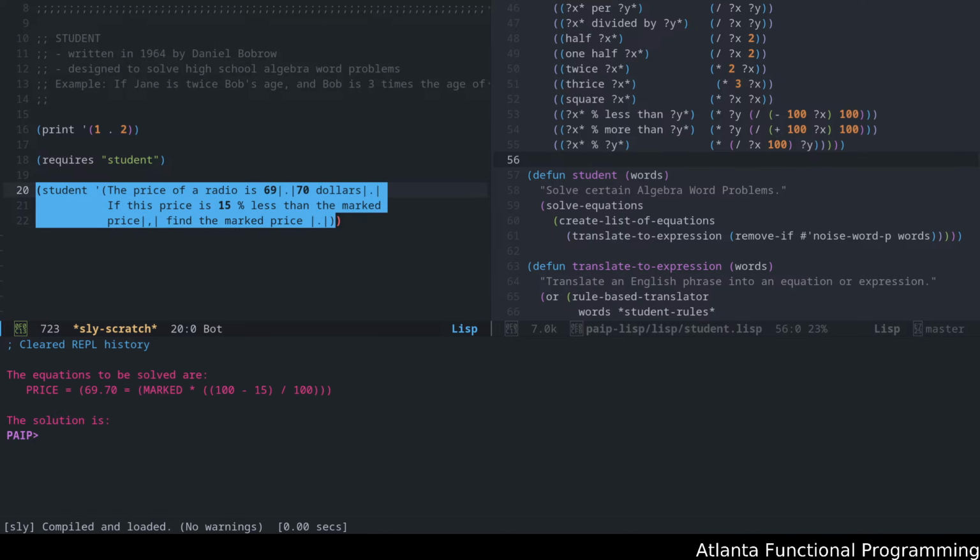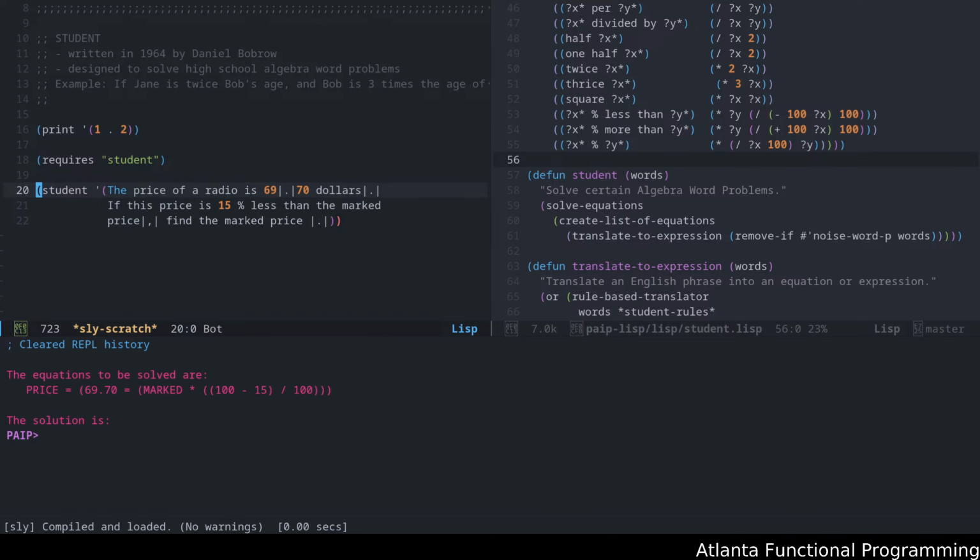Let's see here. Okay, so the price is $69.70.